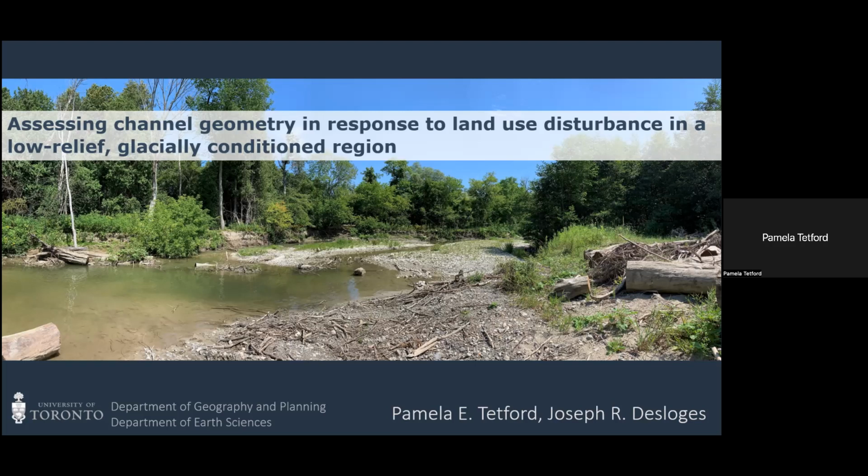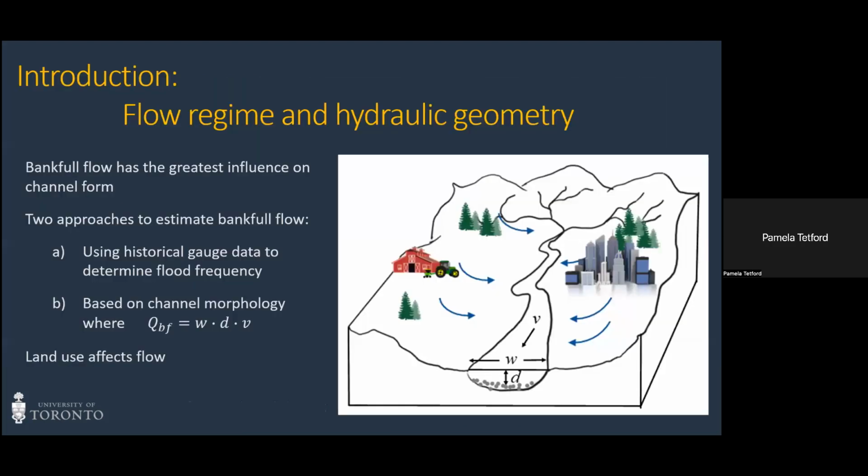To explain a little bit about the geomorphic response, the volume of water that is channeled by a river determines the river's hydrogeomorphic response, and it actually shapes the channel in which the water is traveling.